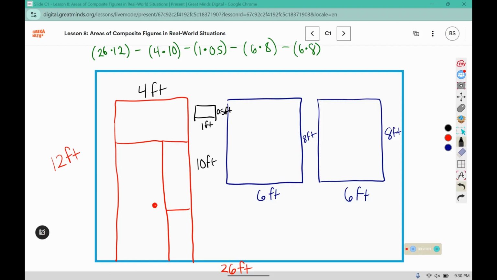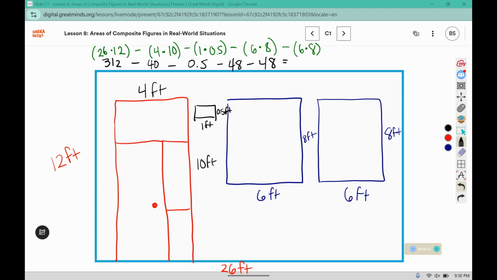We will multiply in our parentheses first to follow our order of operations. 26 times 12 is 312. 4 times 10 is 40. 1 times 0.5 is 0.5. 6 times 8 is 48. And again, 6 times 8 is 48.